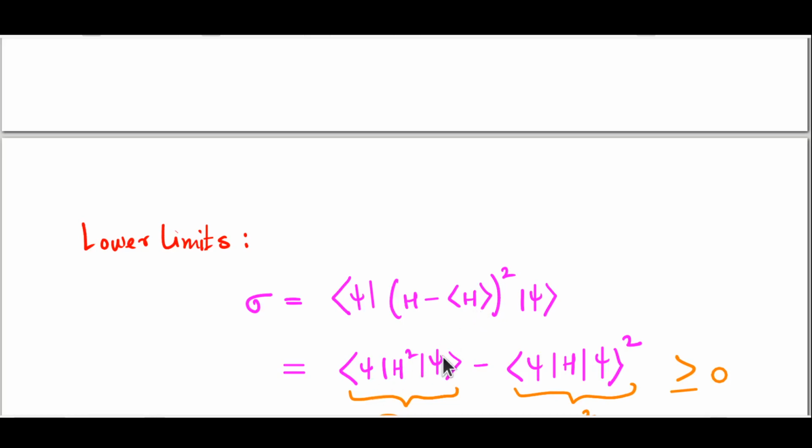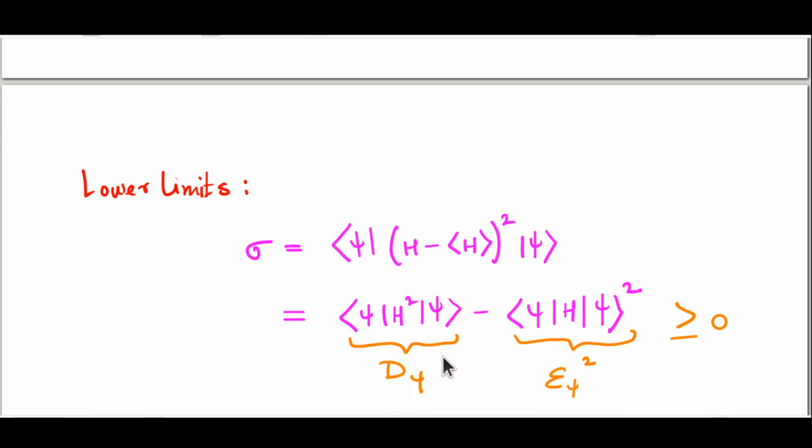And you all know this very important result, that this is the expectation value of H squared minus the squared expectation value of H. For later reference, I'm going to call these two quantities capital D of psi, and of course this expectation value already is curly E of psi, and the square of that is sitting here.